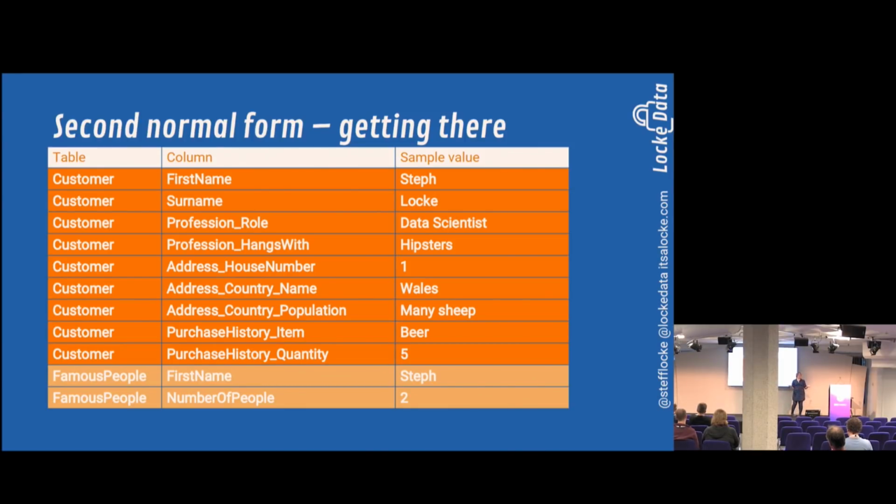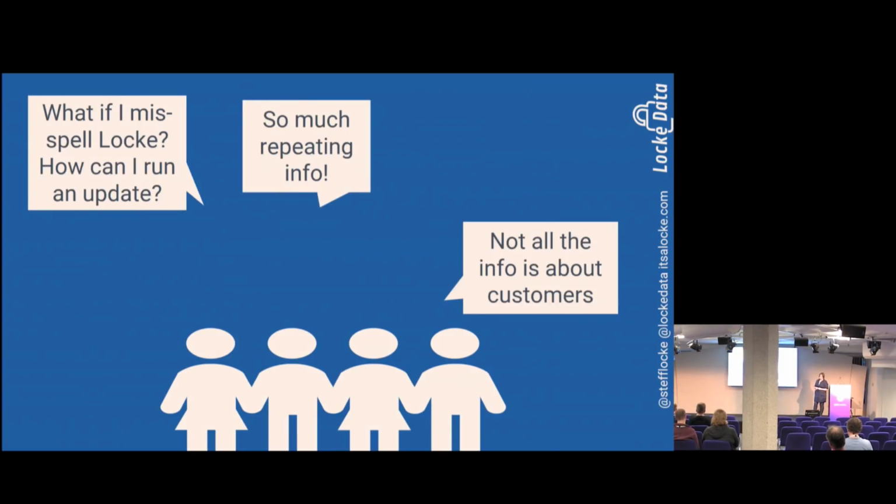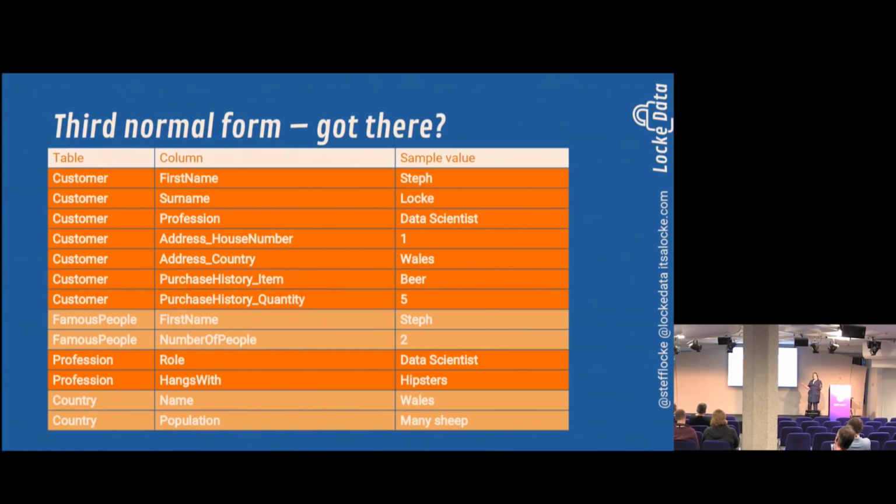So now our data is in second normal form. Still not particularly good, right? So we solve a few things. We're now down to only 3 big issues. And we've still got all the repeating info, all the info about customers. So third normal form.